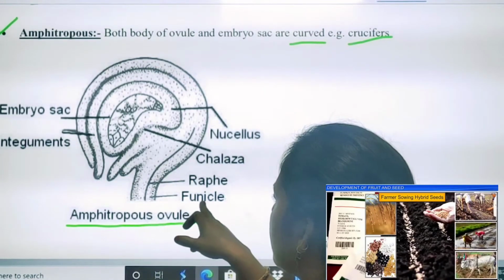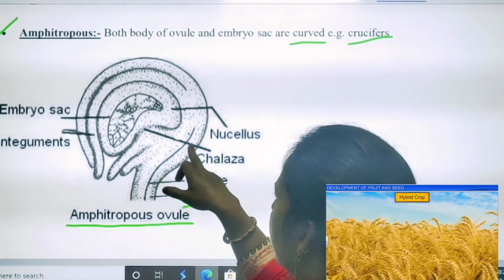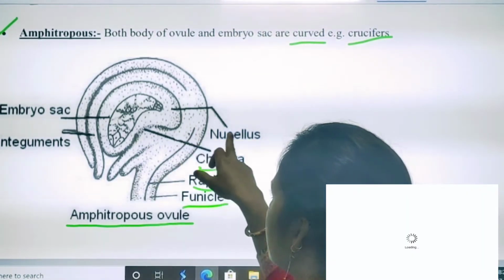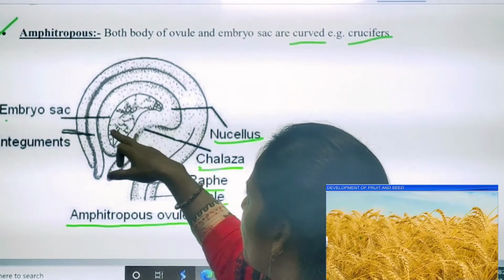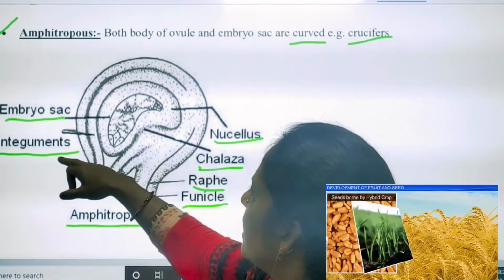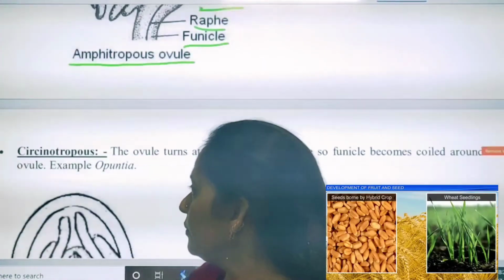At the base, this is the funicle. Next is the raphe, and innermost is the chalaza. After that, this is the nucellus, and this is the embryo sac, and the outermost layers are known as the integuments. So this is the amphitropous ovule.